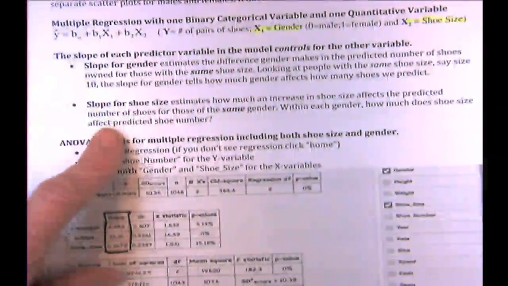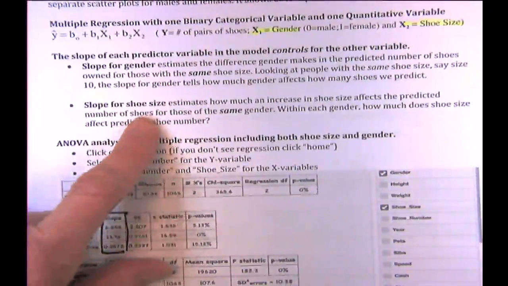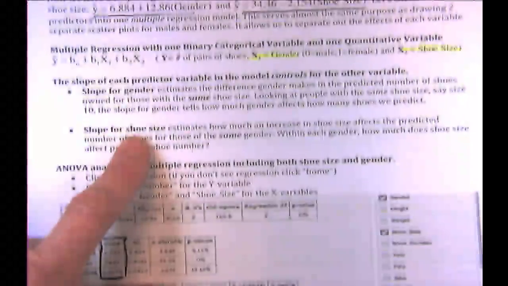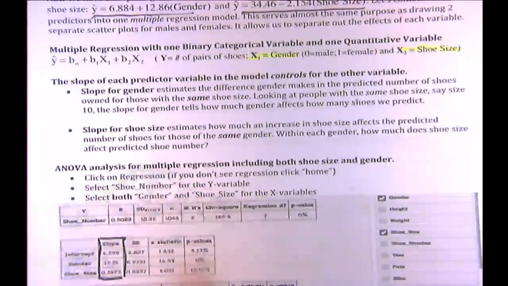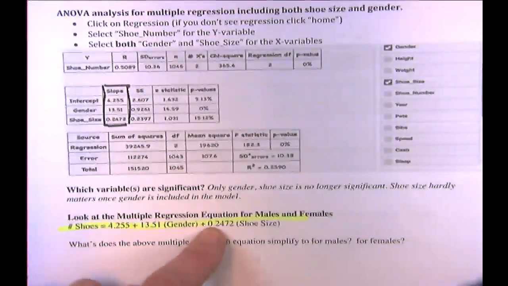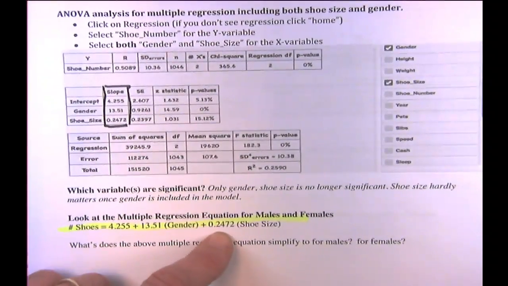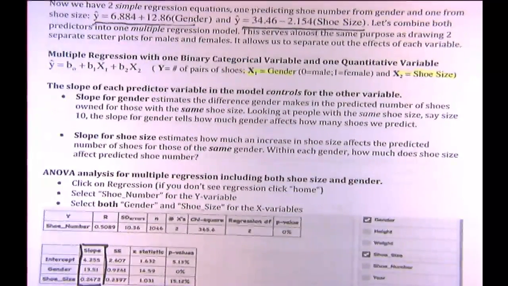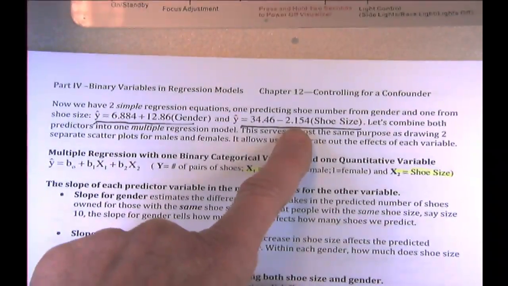It's saying, let's look at shoe size first. You see, first of all, look at this slope. That became pretty small, right? Pretty small compared to what we had up here.